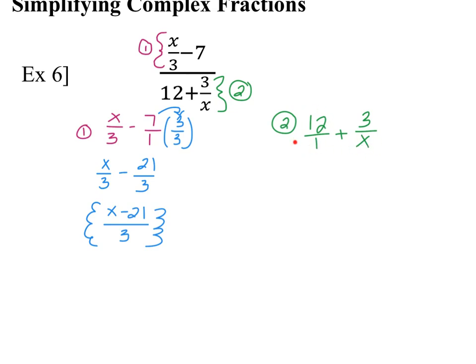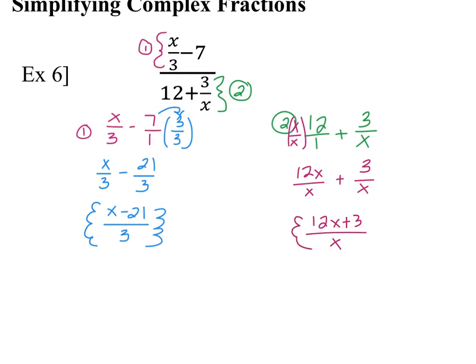So I'm going to have to multiply this first fraction by an x over an x in order to make those denominators be the same. So this becomes 12x over x plus 3 over x. Now my denominators are the same, so I can go ahead and add the numerators. So this becomes 12x plus 3 over x.